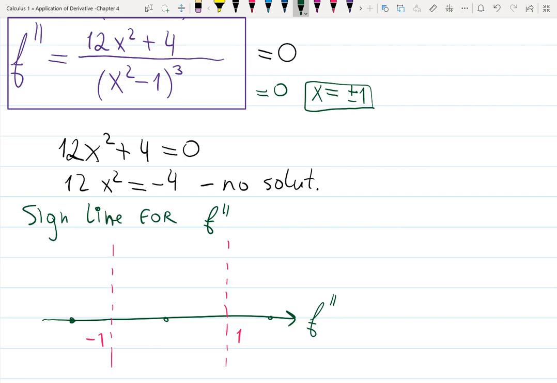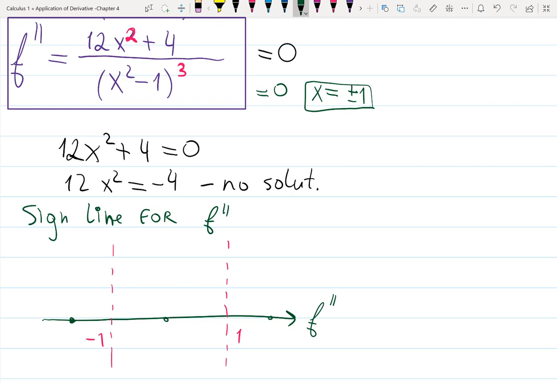If I plug negative 10 into my second derivative, I want to point out now the denominator actually might change the sign. Look at that. Since it's cubed, now I need to be careful. The denominator might change the sign, but the numerator is always positive. So the numerator does not change the sign at all. I just need to check the bottom of the fraction.